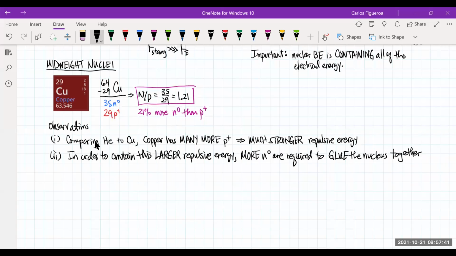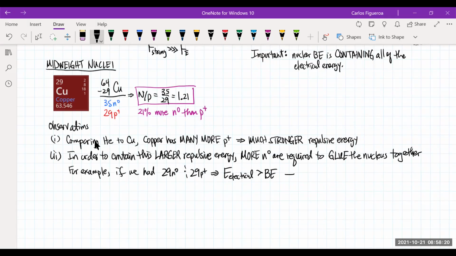So if you had, for example, 29 neutrons and 29 protons, the electrical force is stronger. Then what you find here is that the electrical repulsion is greater than the binding energy.